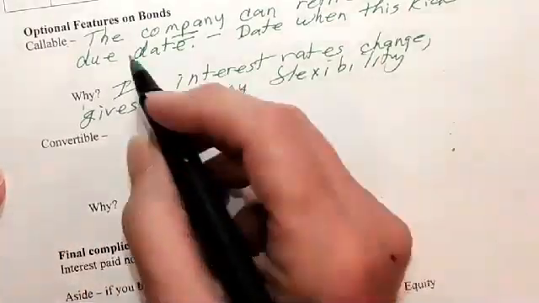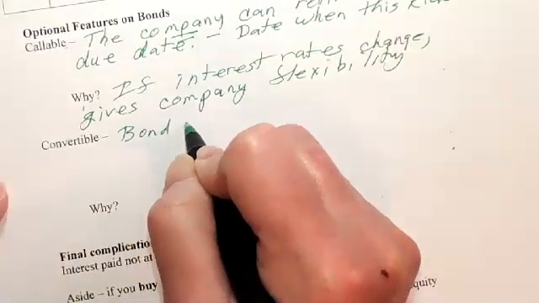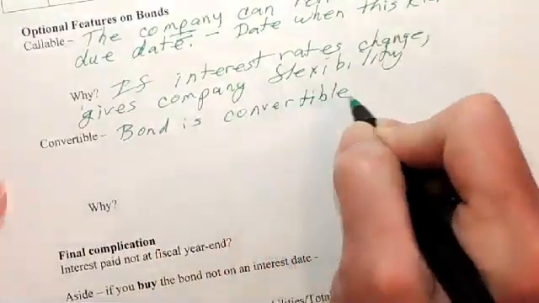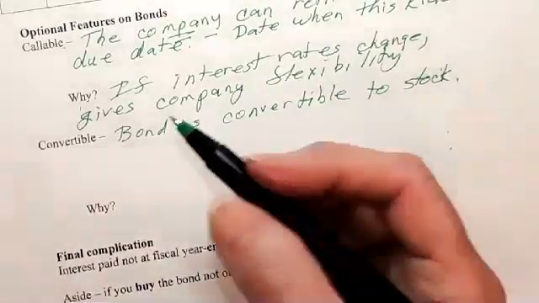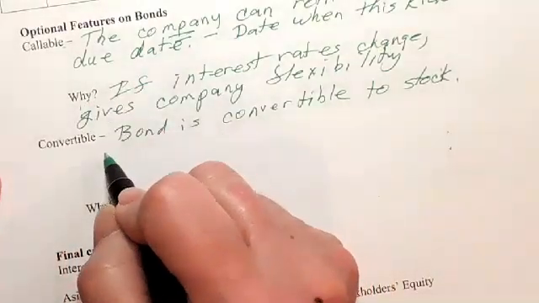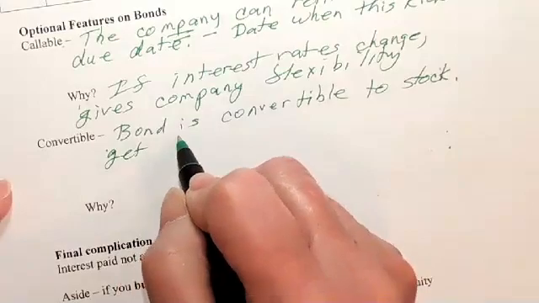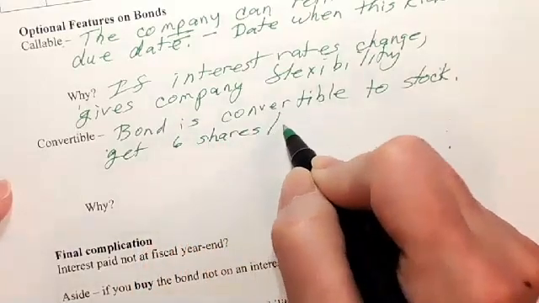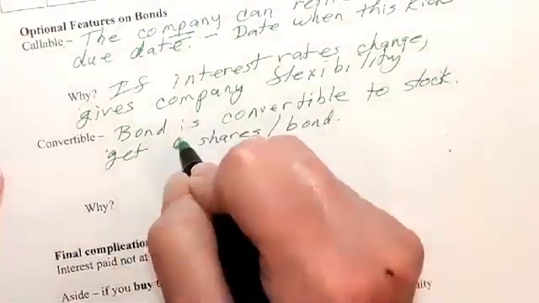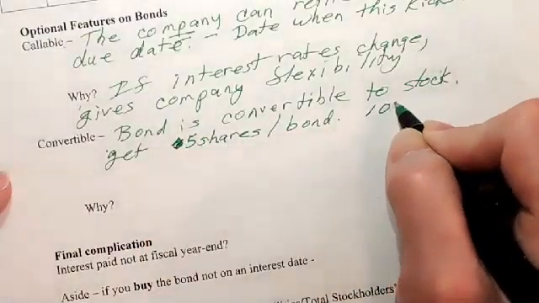Another one is convertible. This is where the bond is convertible to stock. There'll be some ratio based on the stock price. So it might be like you can get maybe 6 shares per bond. Well, let me make this a nicer number: 5 shares. So remember, the bonds are $1,000.